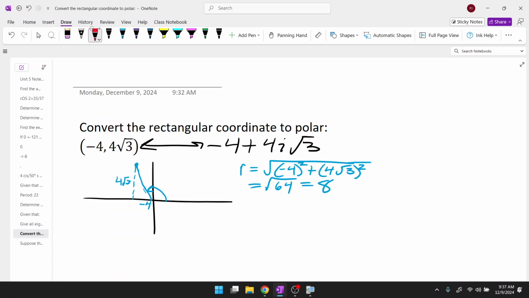Now, what we can do to find the angle is very simple. We can call this theta prime, and we could subtract it from 180 to find the actual theta that we're going to need here. So I could use a tangent. I could use any sort of ratio here. I could just do the sine of theta prime equal to 4 root 3 over 8, which is root 3 over 2. So that means theta prime is going to be the inverse sine of that.